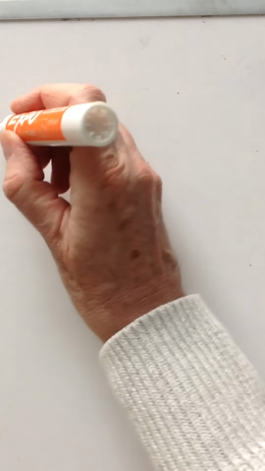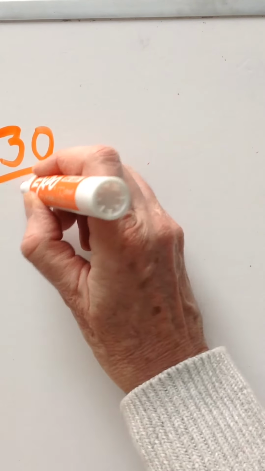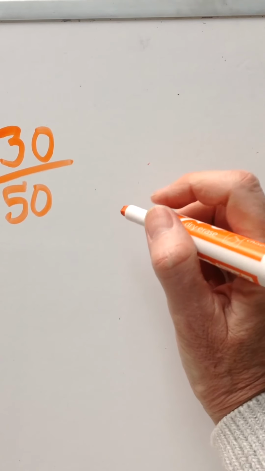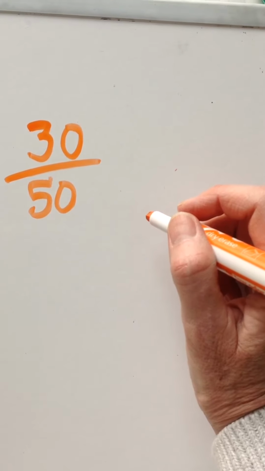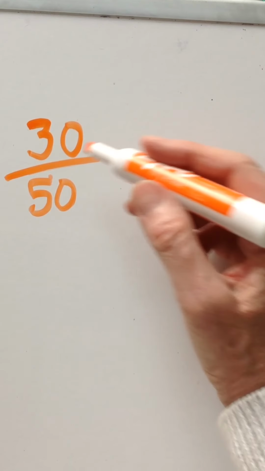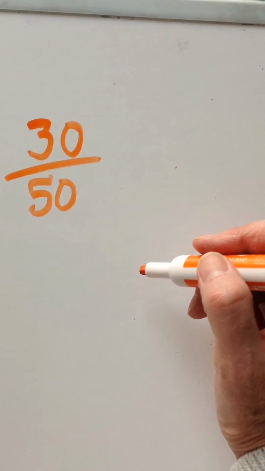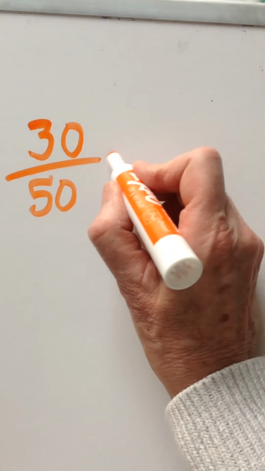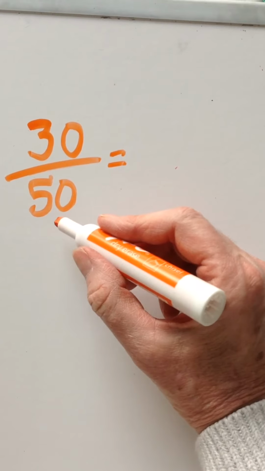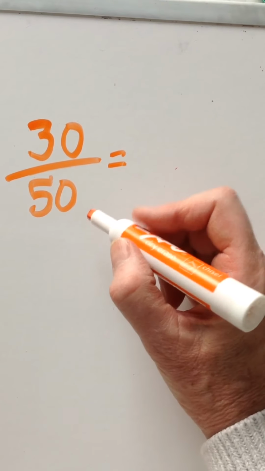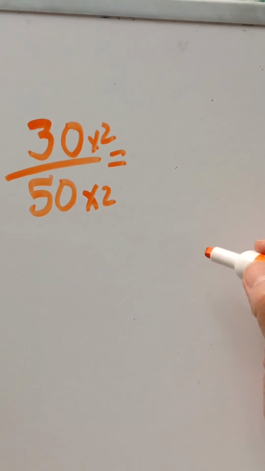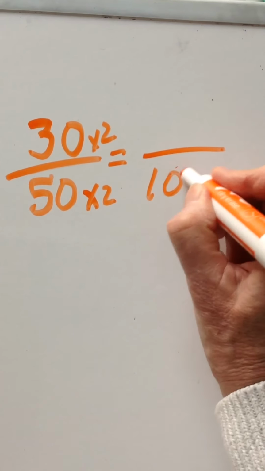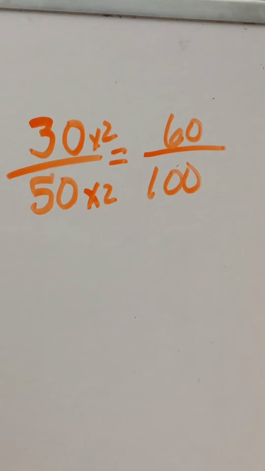Let's do C. C is 30 out of 50 adults surveyed said they enjoy their jobs. How would you express this as a fraction? There's our fraction. As a decimal and as a percent. Well, let's get this to be 100 in the denominator, and we can multiply that by 2, right? And then now we have 100 on the bottom, 60 on the top, right?